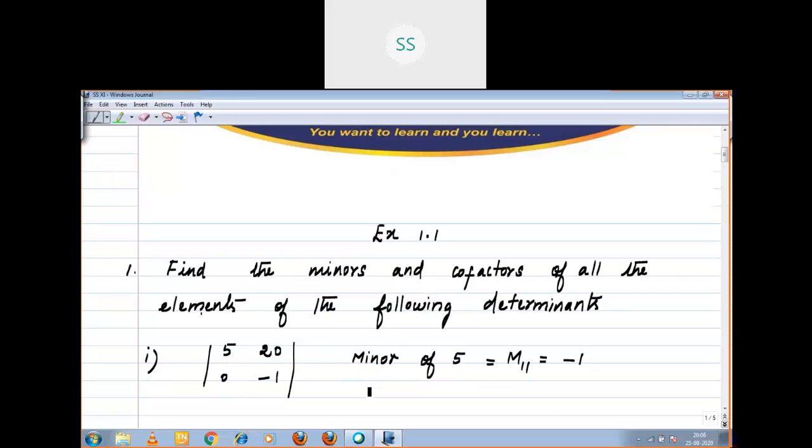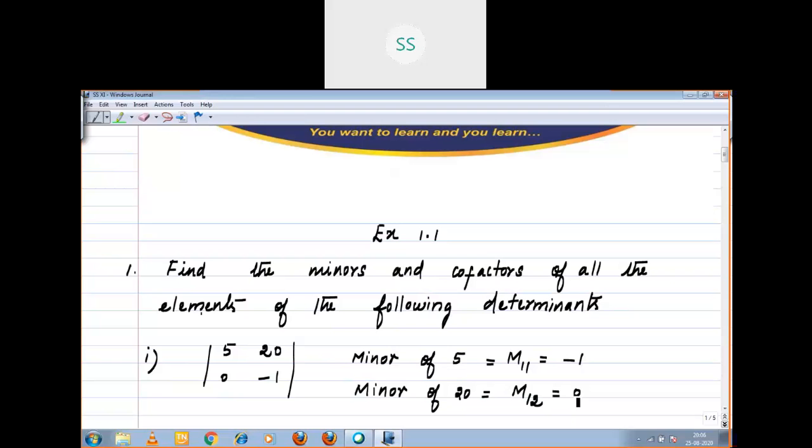The same way, minor of 20. 20 is situated in the first row, second column. That means M12. First row should be deleted, second column should be deleted, the rest of the element is 0. I hope you people understood.